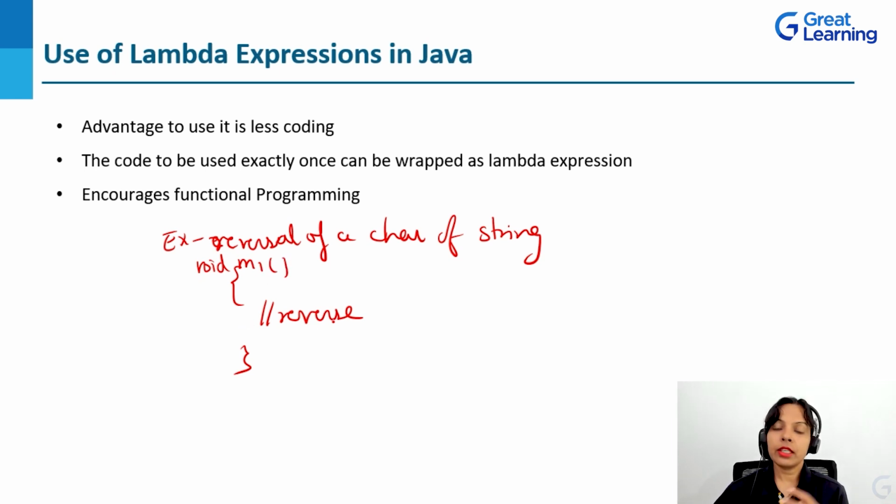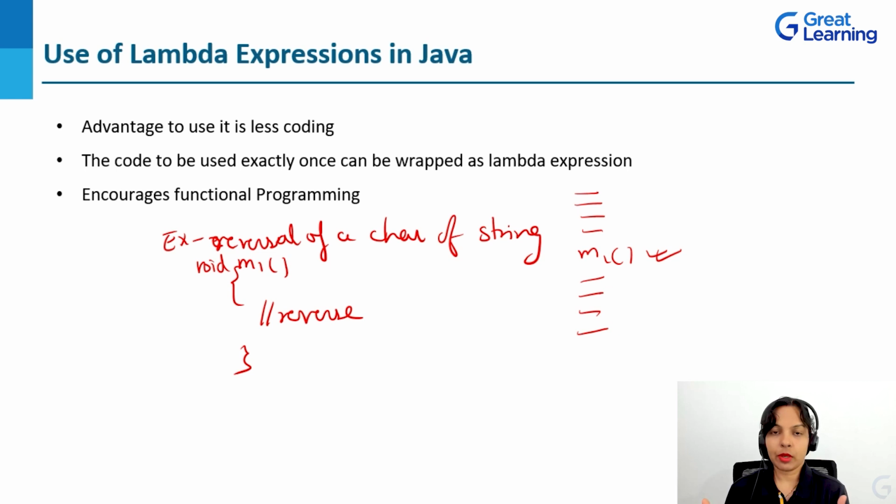But if in the entire program or software I have to use it only once, then including it inside a method and calling that method somewhere in the actual code doesn't make much sense. In fact, it increases the overhead.